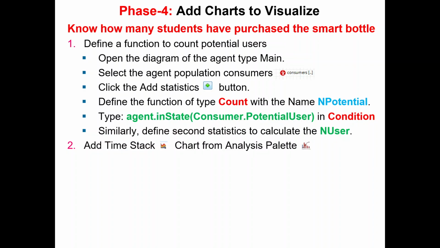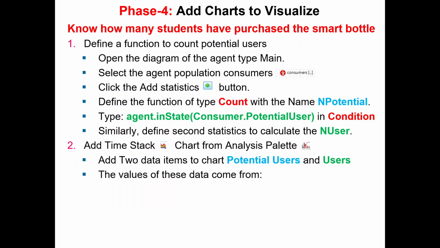For that we will go to the analysis palette and add a time stack chart, and then we will add the two data items to this chart. The two items are the potential users and the users, calculated by the statistics that we have defined earlier.